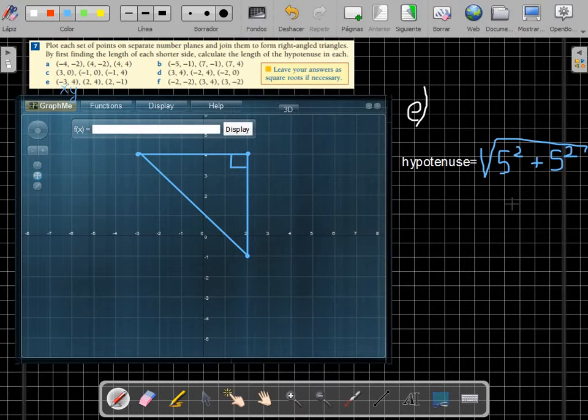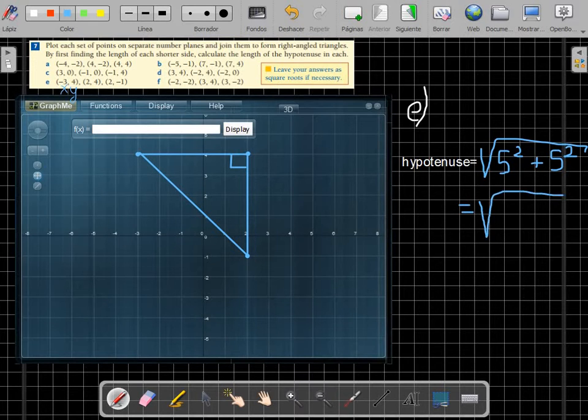Remember, how do I know that it's 5 units long? Because I count them. Here I can count 1, 2, 3, 4, 5. And in the other leg it is the same situation. 1, 2, 3, 4, 5. The thing is with the hypotenuse, we don't know how long it is. So we can calculate it thanks to the Pythagorean theorem.